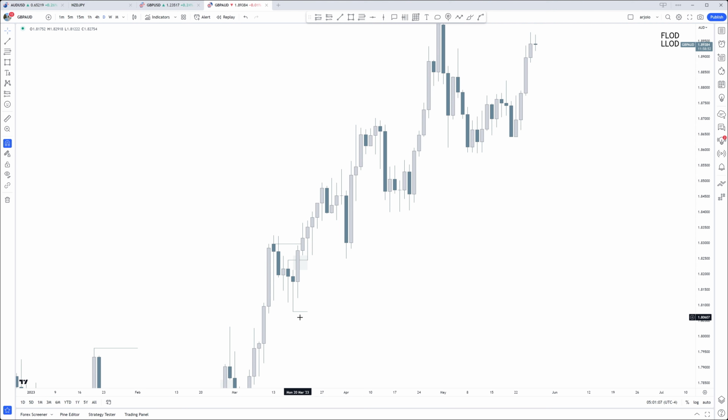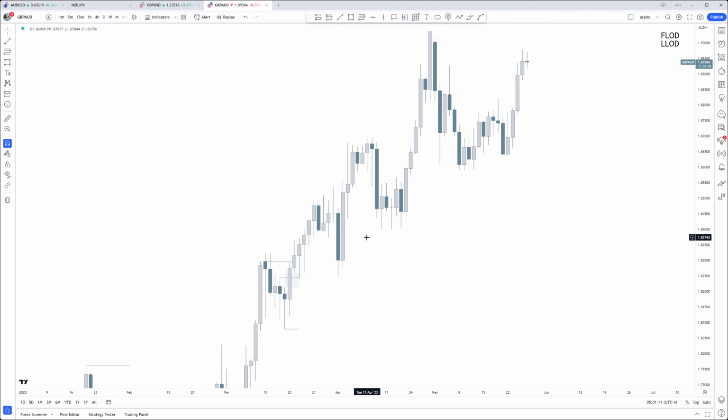And that's the same for those fair value gaps. When these fair value gaps are not overlapping with another PD array, just know, yes, they could still play out, but the probabilities are way higher when you wait for it to come into a fair value gap that is overlapping with another PD array. And that is so crucial for you to understand, that these things are not binary. And that's what a lot of people think.